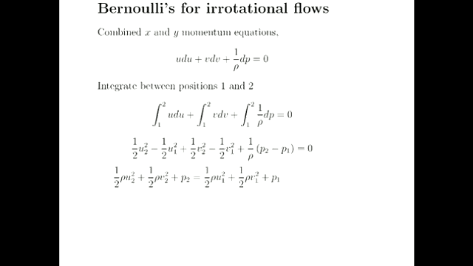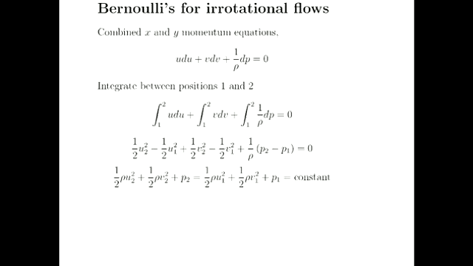But with this reduced restriction, okay, because to arrive at that equation previously, you had to integrate along a streamline to be able to get Bernoulli's equation. And that's why Bernoulli's equation for a rotational flow is only applicable along a streamline. But now, by assuming that irrotational condition, I was able to integrate it between any two positions in space. There's no limitation on where position 1 and position 2 are in space.